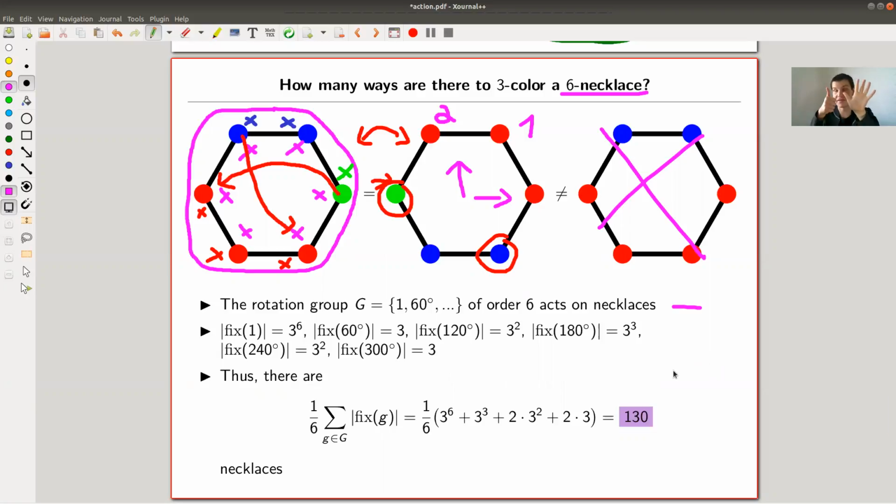So it just has 6 elements. This is where the 6 comes from. If I would write an n here, I would have n elements in my acting group, and you will also see immediately how to generalize this 3 here.